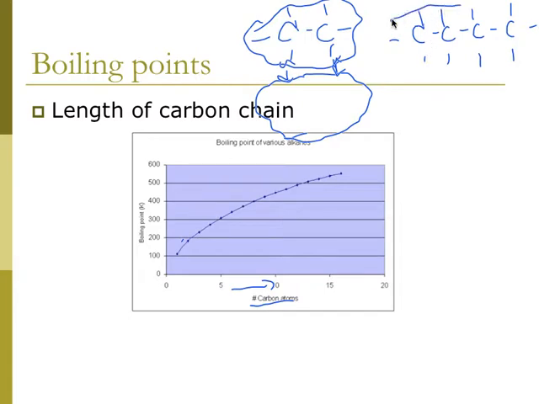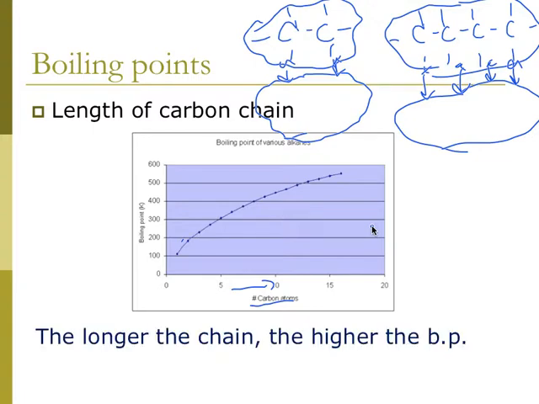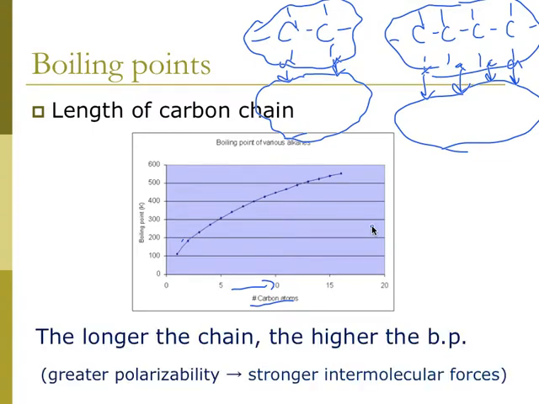You've got a longer chain molecule. This has more areas that it can be attracted to. That polarizability of the cloud increases as that length increases, which is why you will see an increase in the boiling point as the carbon chain increases. The longer the chain, the higher the boiling point. That's due to the greater polarizability of the electron cloud of the longer chain, giving us stronger intermolecular forces between molecules.